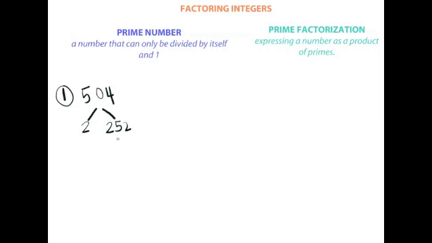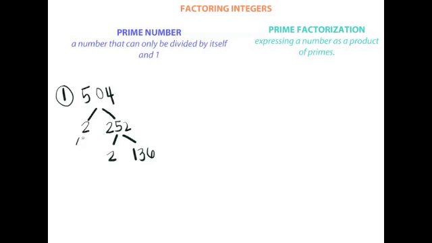Then from there, we make another stem, so we need to find something that divides 252. That's kind of a big number, so since the last digit is even, let's use 2 again. So 2 times what is 252? It's 126. If you notice, I ignored this 2 because we could do 2 and 1, but you don't have to, because it's a prime number already.